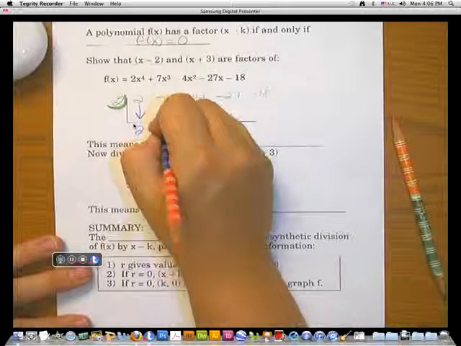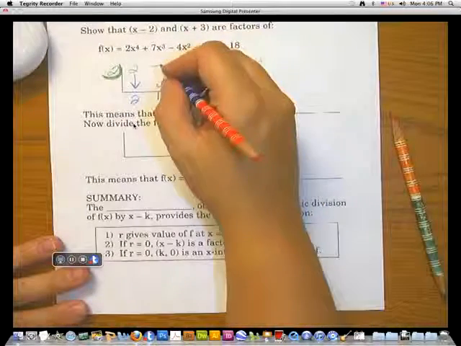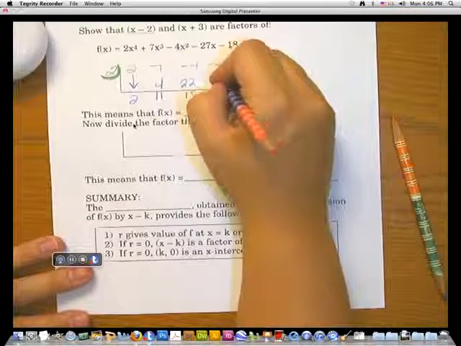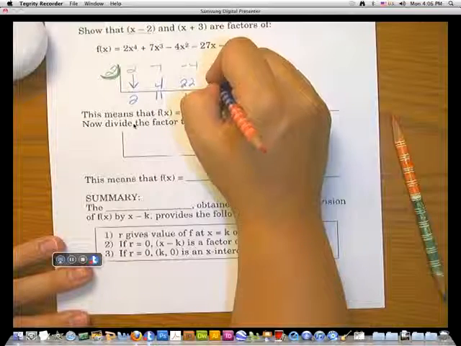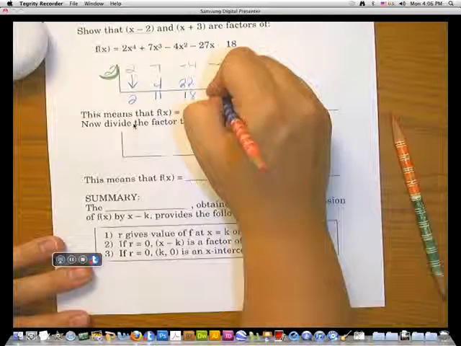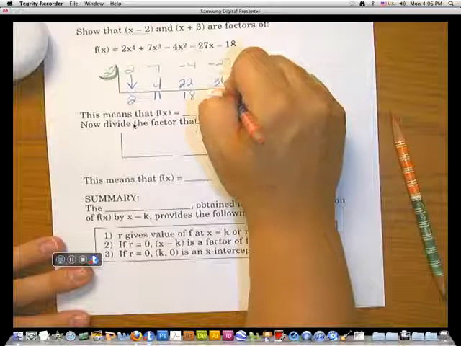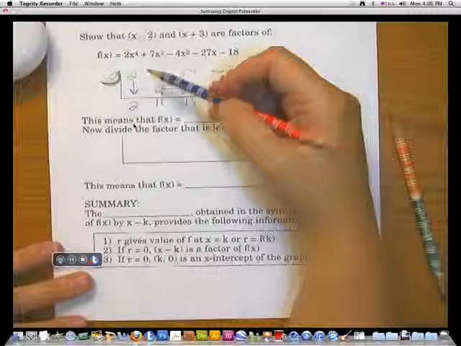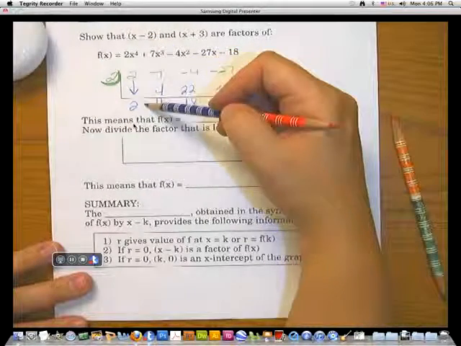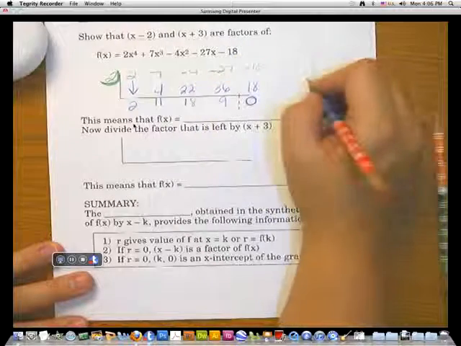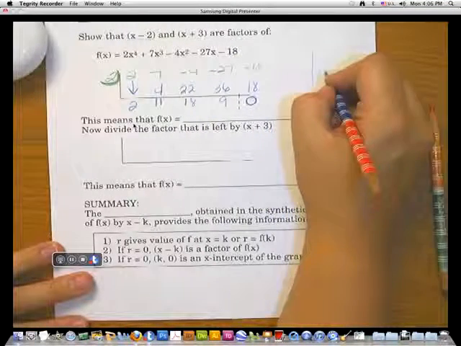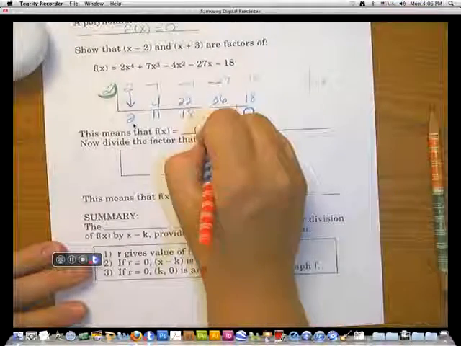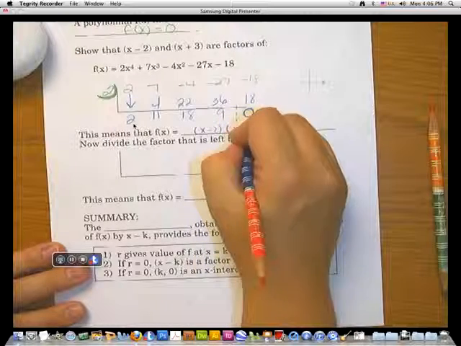So bring down, multiply around, bring down, multiply around, multiply around: 18, I get 36, bring down is 9, 18, last position is the remainder of 0. Okay, I proved that it is a factor, I proved it is a root, I proved that it is a zero, and it means that on my picture at 2, it's going to cross the x-axis. So x minus 2 is a factor.